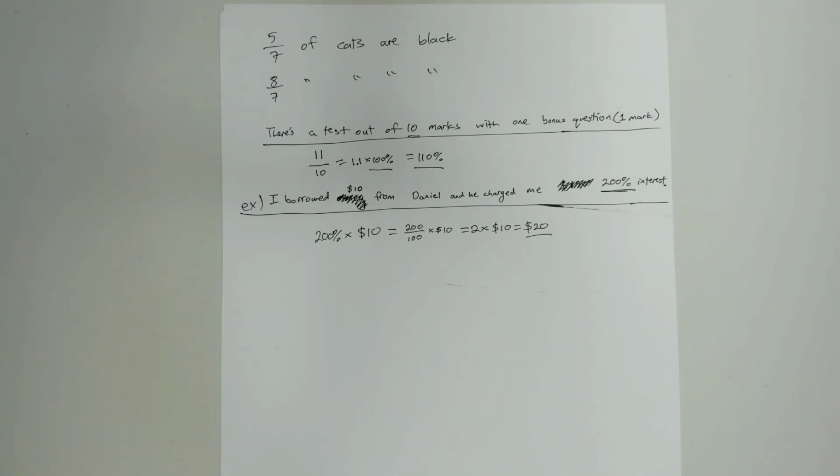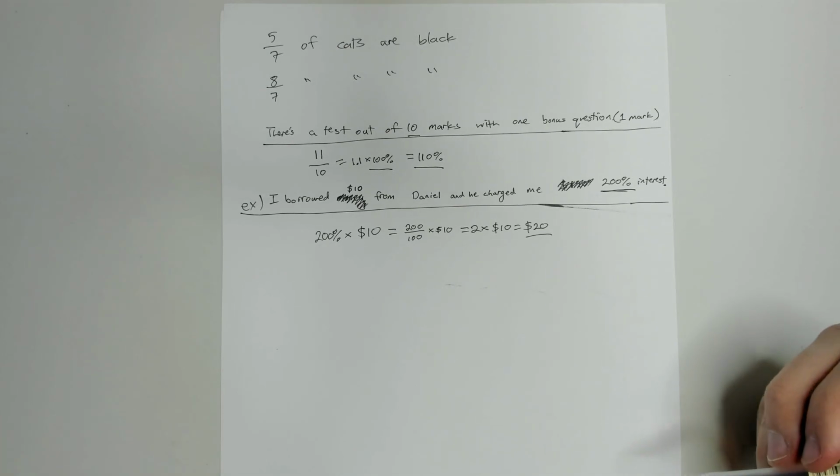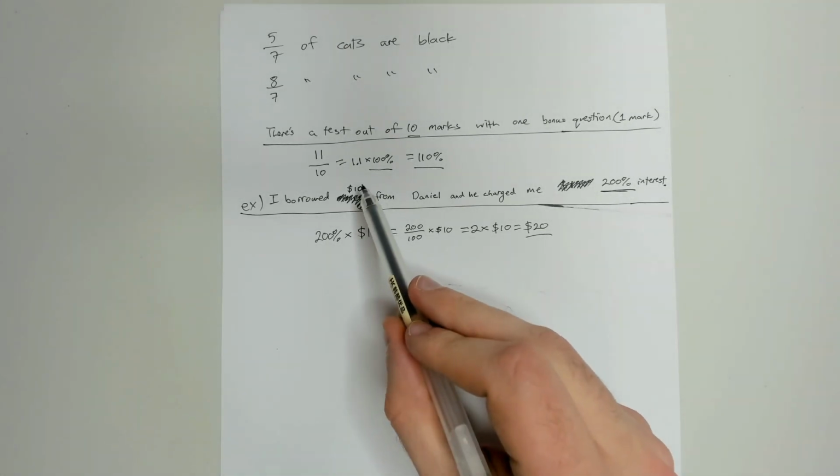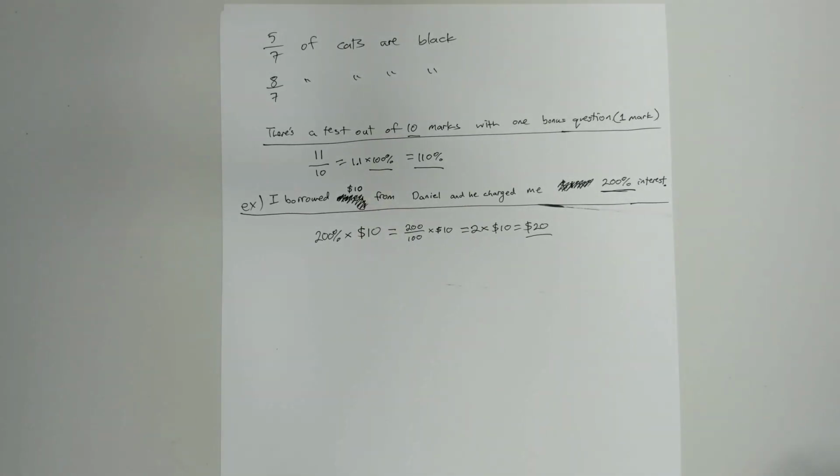So it's a very, very high interest rate, because it's kind of ridiculous to pay him $20 just so that I could have borrowed $10 from him. I mean, imagine if I borrowed $100 from him. I would have had to pay him $200 in addition to the $100 I lent him back, right?